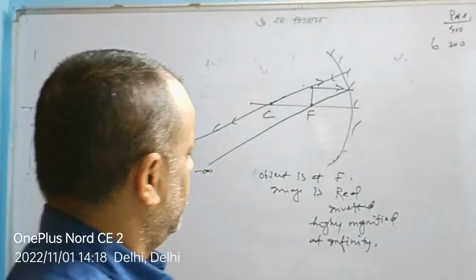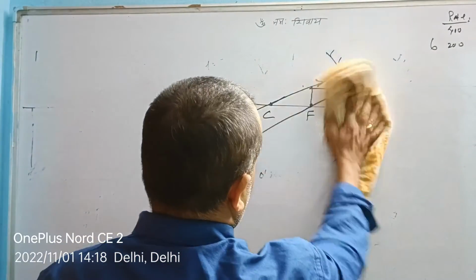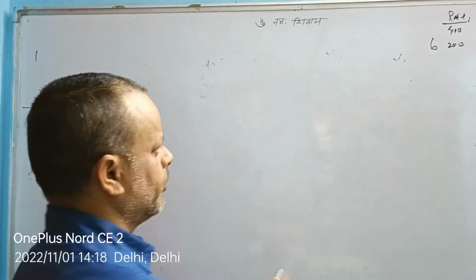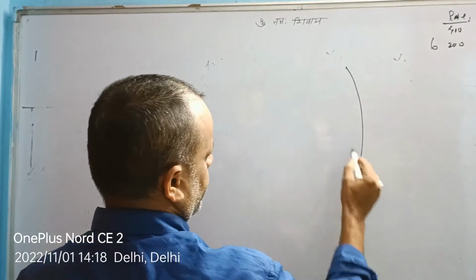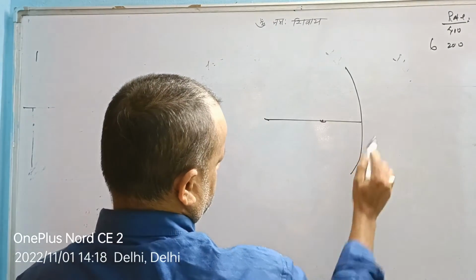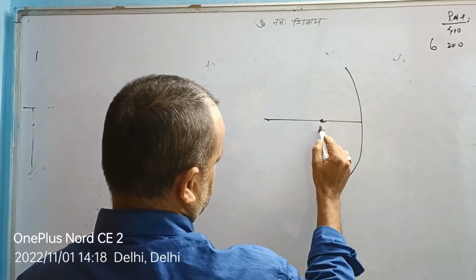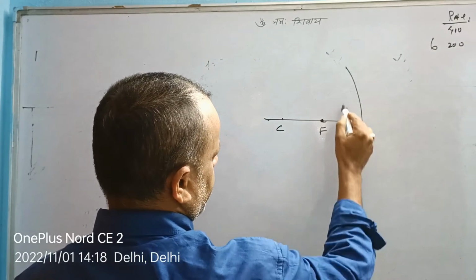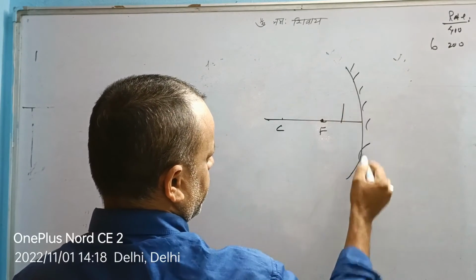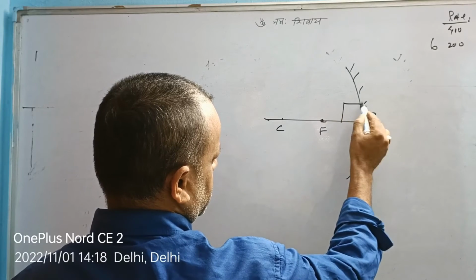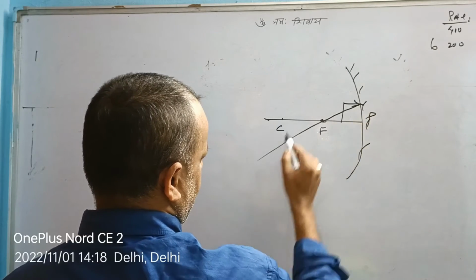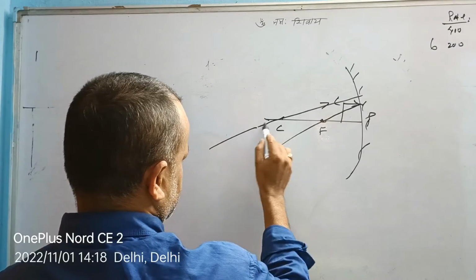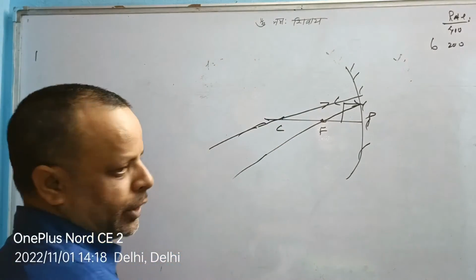Then we can do the case when the object is placed between F and P. See, this is our pole, this is the focus, this is the center of curvature, and we have placed the object between the focus and the pole. Over here the ray comes like this, so they do not intersect.